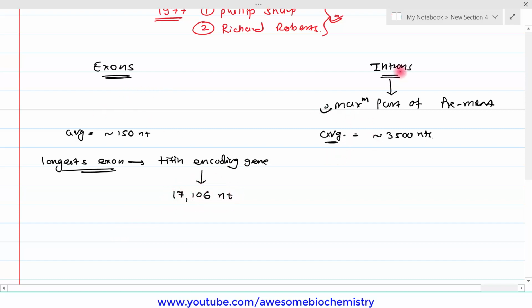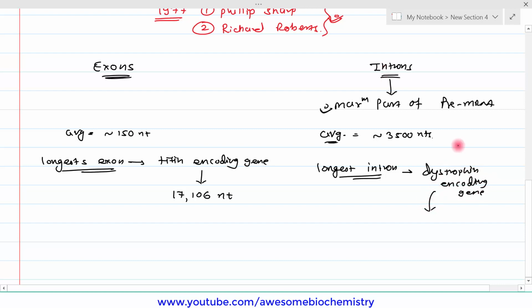Whereas if we talk about introns, the longest intron is seen in the dystrophin encoding gene, or the gene of dystrophin.